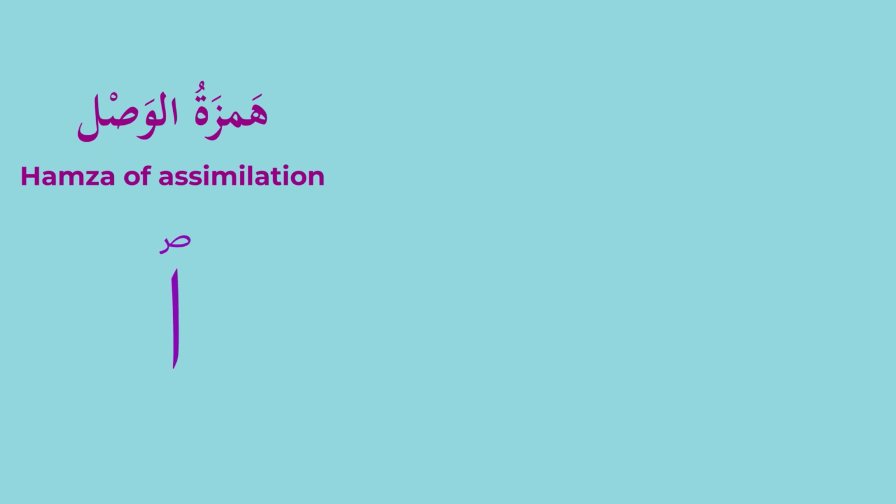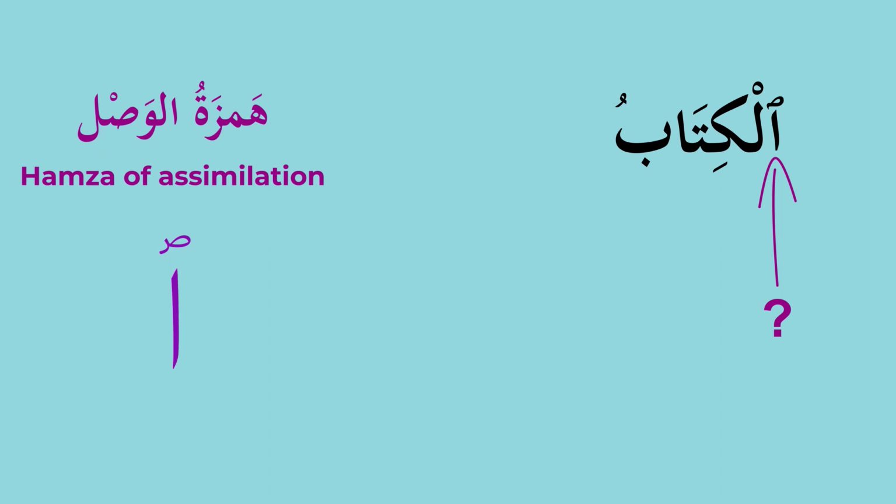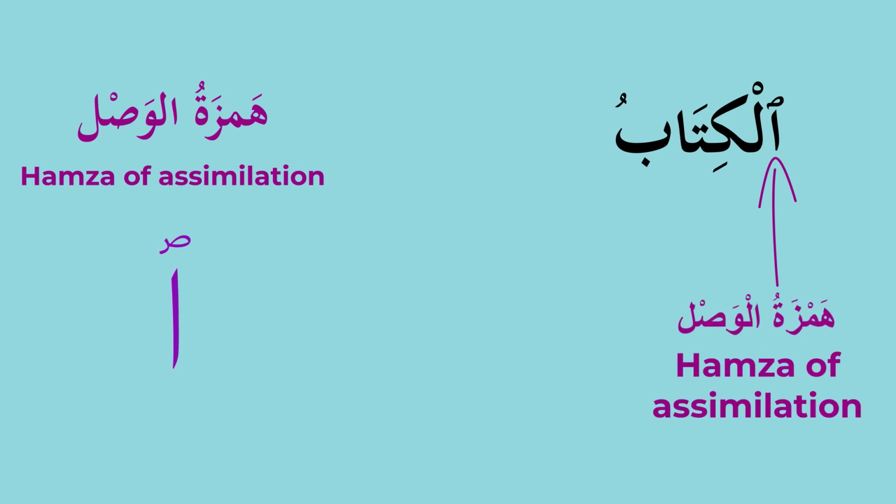If I write down, brothers and sisters, Al-Kitabu. What is this, brother? No. Alif has no sound. It is Hamza. But you see, you are reading as Al. You gave a vowel sign on Hamza, and you gave a sukoon on Lam.